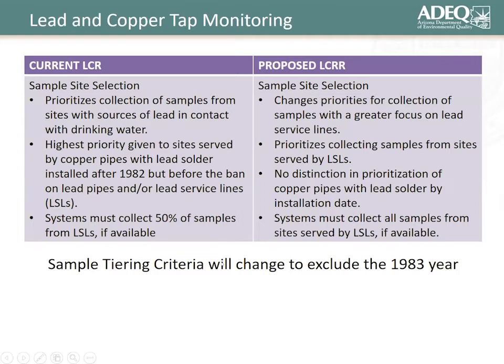Tap monitoring results will be looked at and evaluated a little differently under the proposed revisions. Currently, there is no regulation that requires us to omit samples for a water system if they take more than their minimum requirement, as long as it's done within their monitoring period. This is one of the biggest key changes, I think, for a public water system under the proposed revisions, and it helps close some loopholes.